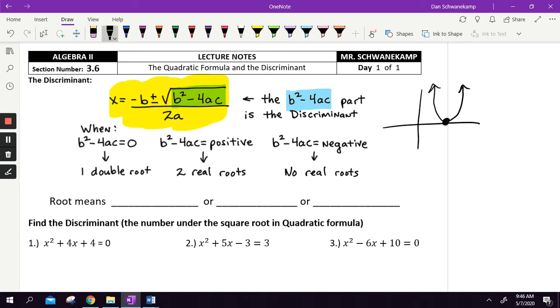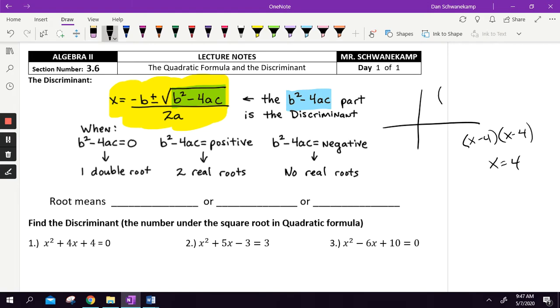We only have one solution, but it counts as a double root. For example, if this were to happen right here, it would be like x minus 4 times x minus 4. Technically, it only has one root of 4. It just happens twice. And so that is what's happening there.